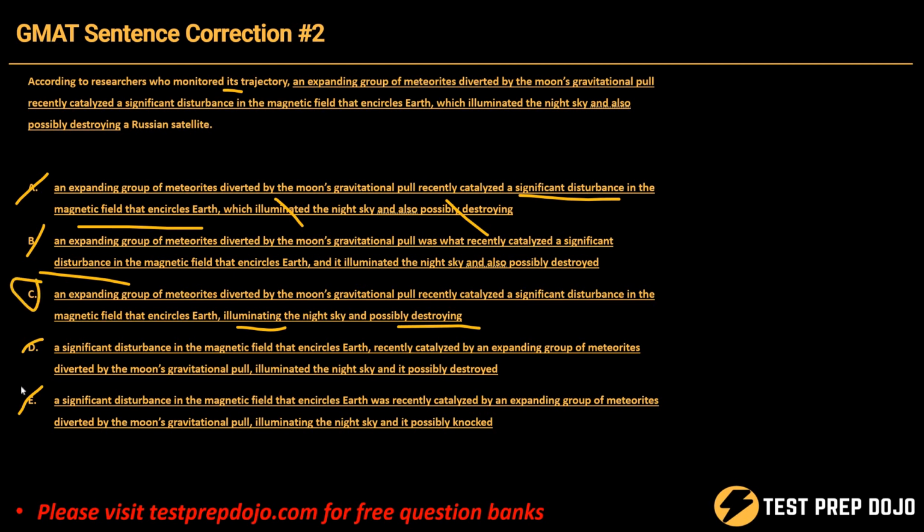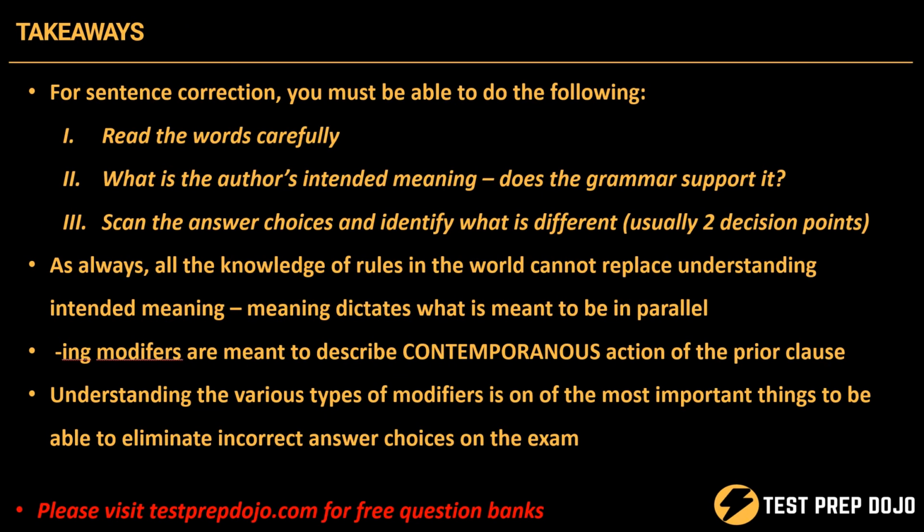It's not always going to be some glaring grammatical issue that you pick the correct answer on. It's going to be a collective framework of different little things. So does it matter that something is the best, most elegant expression of an idea? 100% yes. You should factor that into your decision making. And so we have our answer here. So we have our system: read the words, what's the intended meaning, scan for the decision points.